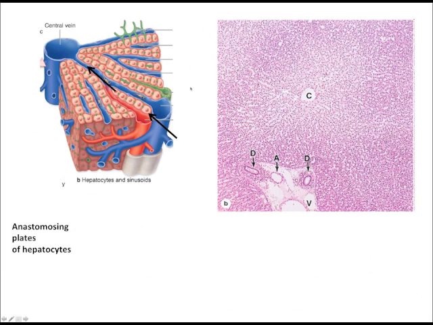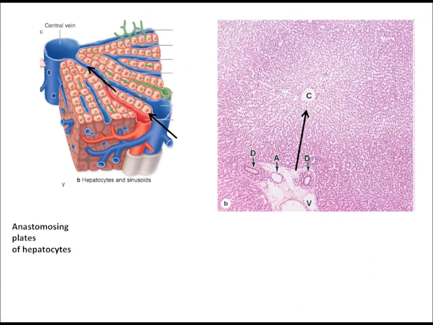So through the sinusoids, and then enters a venule called the central vein. This slide illustrates what you will see in lab on Tuesday. So you note the direction of the arrow, the flow of blood through the sinusoids of the liver, nourishing those hepatocytes and then draining towards the central vein.